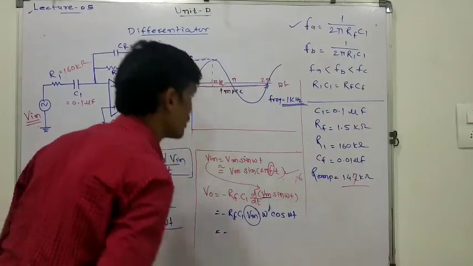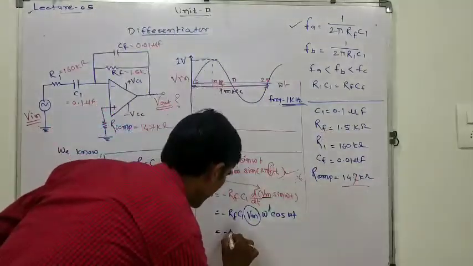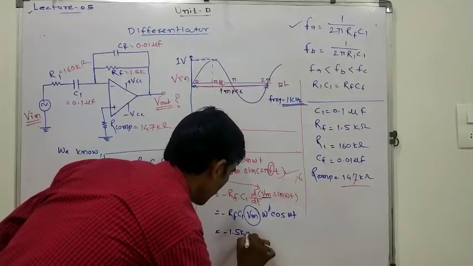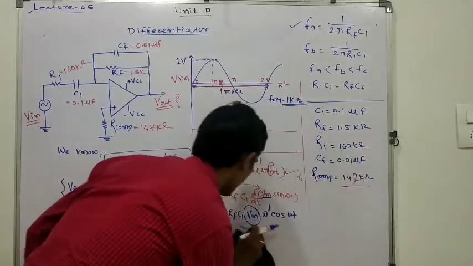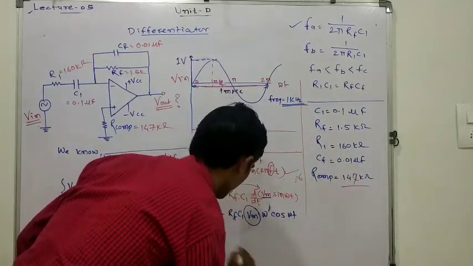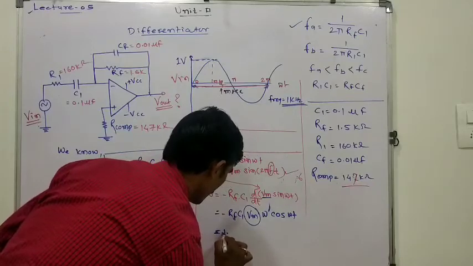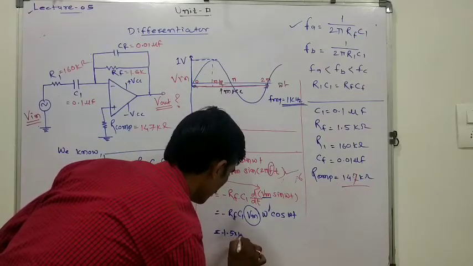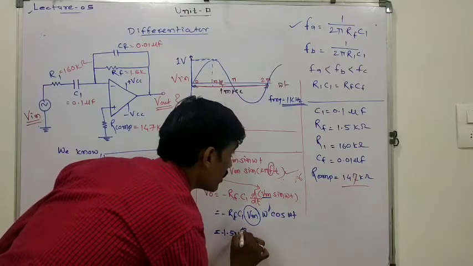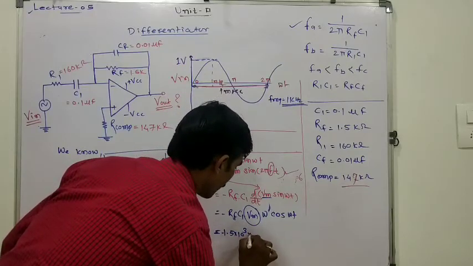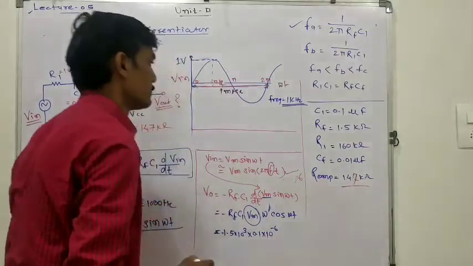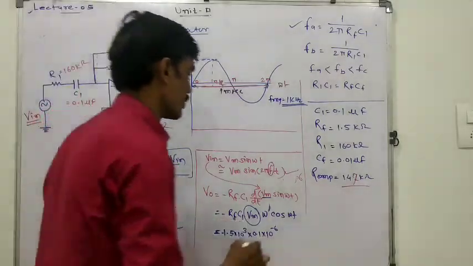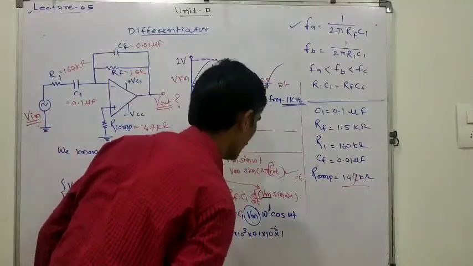Now Vm is 1. What is the value of Rf? Rf is 1.5k, so minus 1.5 into 10 raised to power 3. What is the value of C1? C1 is 0.1 microfarad, 0.1 into 10 raised to power minus 6. Then Vm is 1, so multiplication with 1.